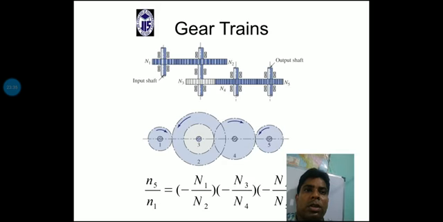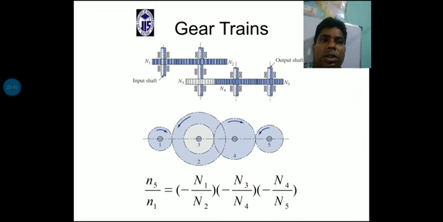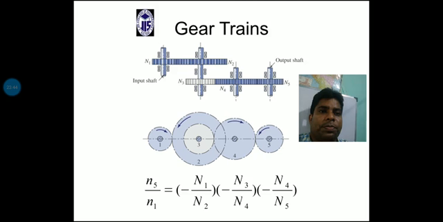Next, gear train. The first one is the compound gear train. In the compound gear train, here 1, 2, 3, 4, 5 gears are there, and all the gears are mounted on separate shafts. Only gears 2 and 3 are mounted on the same shaft.